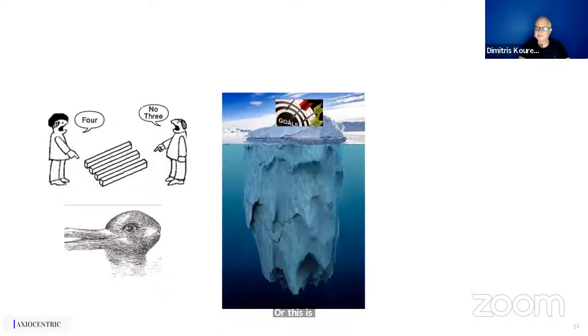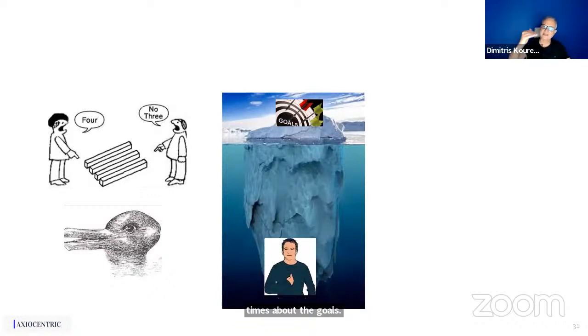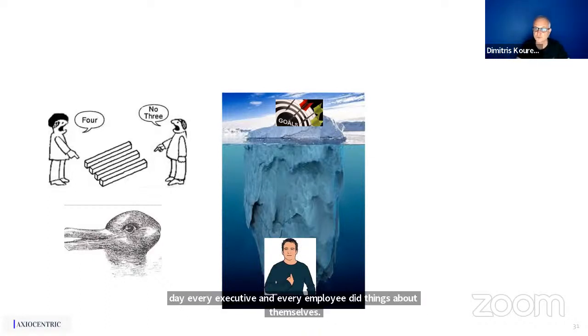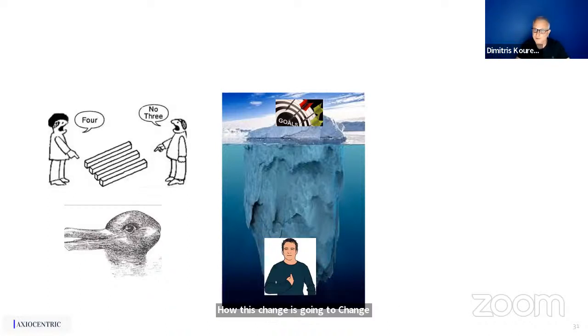You talk many times about the goals, how you want to change the company, but at the end of the day, every executive and every employee thinks about themselves: how is this change going to change my position, how maybe I'm going to lose my job, am I going to get promoted?